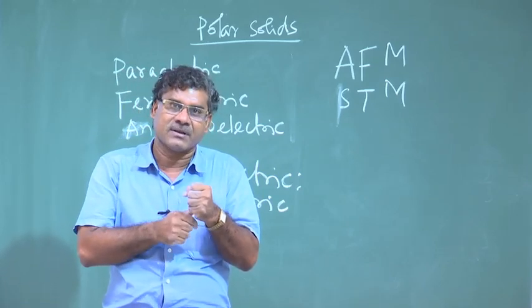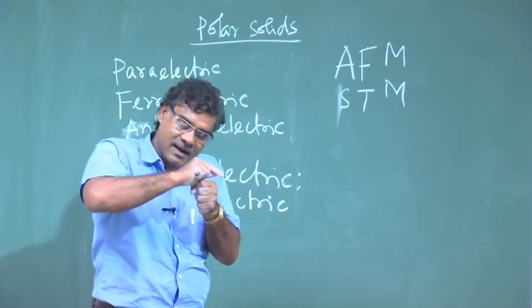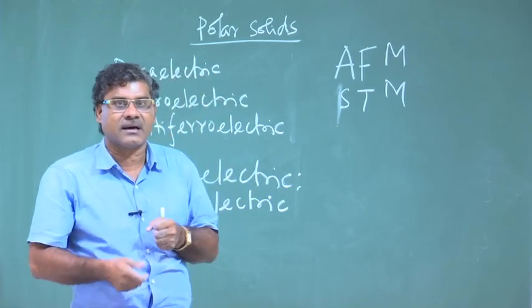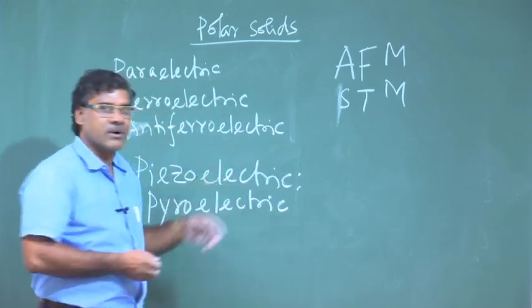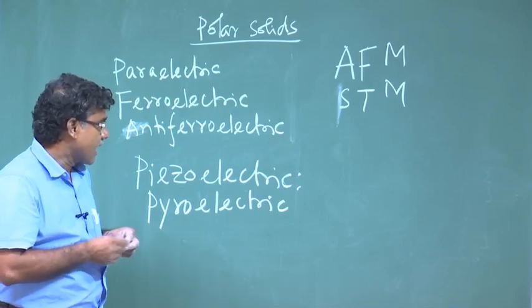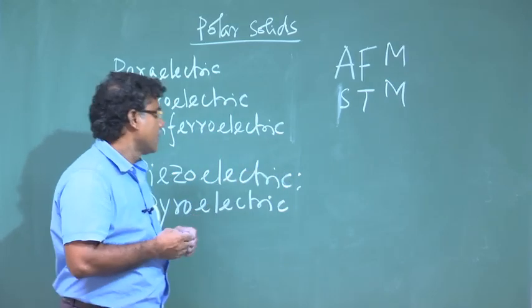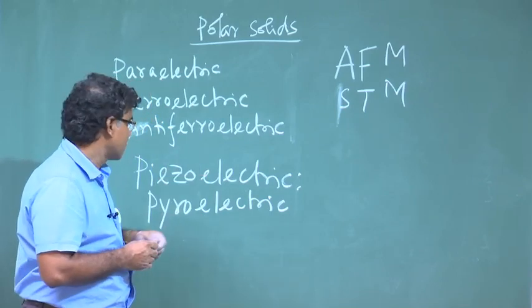So, applying voltage on this piezoelectric material, our scanner moves and it takes the image of this surface. Okay. So, these are very useful for very fine movement in nanoscale. So, this is one type of dielectric material and very useful for devices.